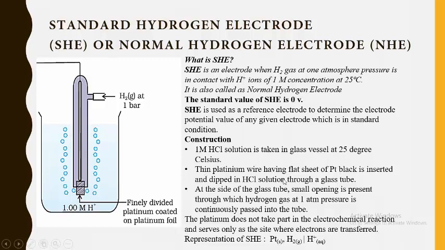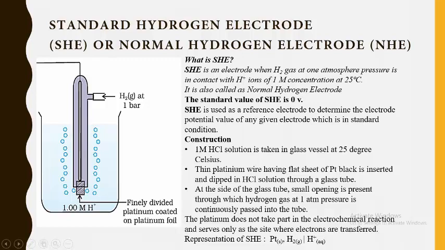Then a thin platinum wire having a flat platinum black is inserted and dipped in the HCl solution through a glass test tube. At the side of the glass test tube, a small opening is present, through which hydrogen gas at 1 atmospheric pressure is continuously passed into the tube.